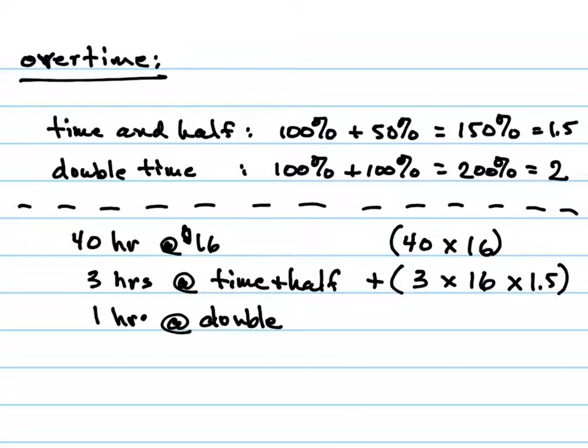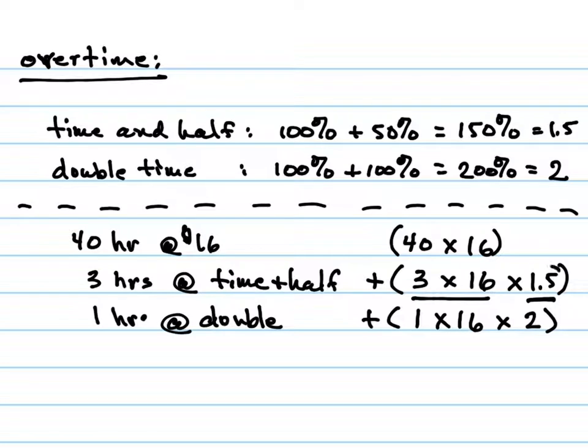So not his normal rate, we are increasing that, so we have another multiplier here. Plus, then he worked 1 hour, again at his normal rate of 16, but we need to double that, so times 2.